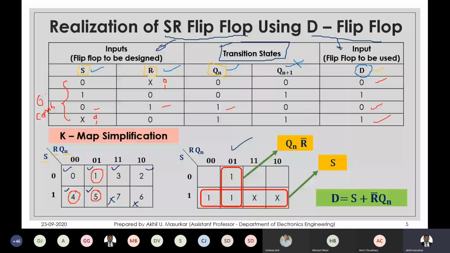Now we want to write D in terms of SR and Qn. So for SR and Qn, we have these combinations, 0x0. But how should I read 0x0? I should read 0x0 as 000 input gives me 0 output, and 010 input also gives me 0 output.